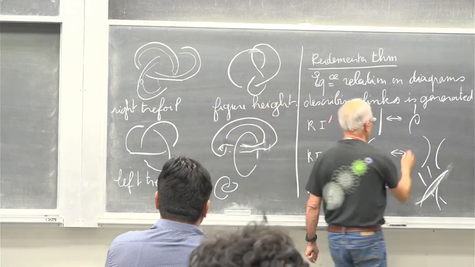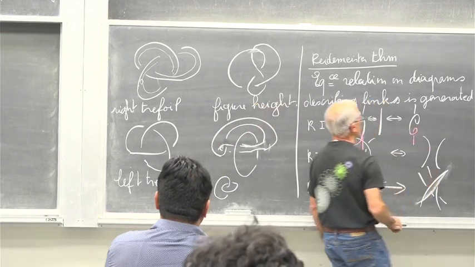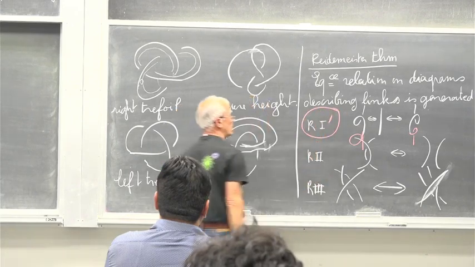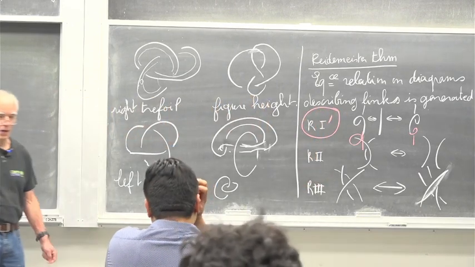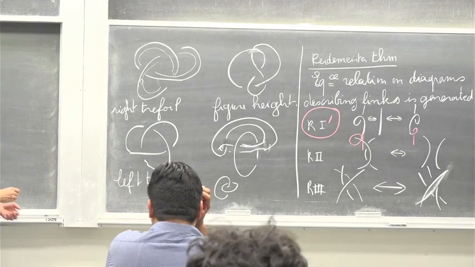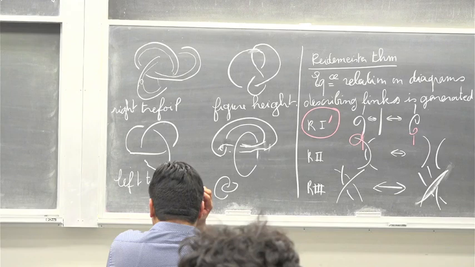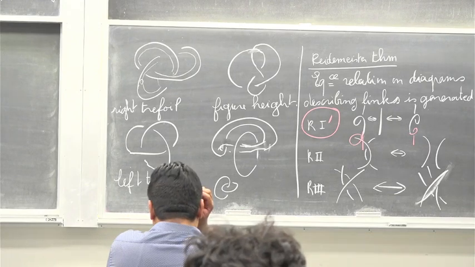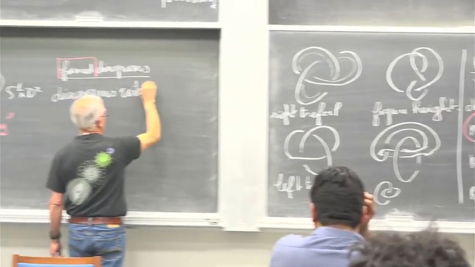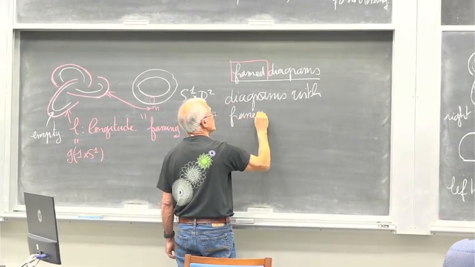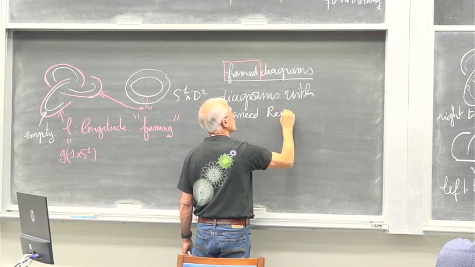Or here the same. So provided you replace this R1 by a modified, framed version, we have diagrams with framed Reidemeister theorem.